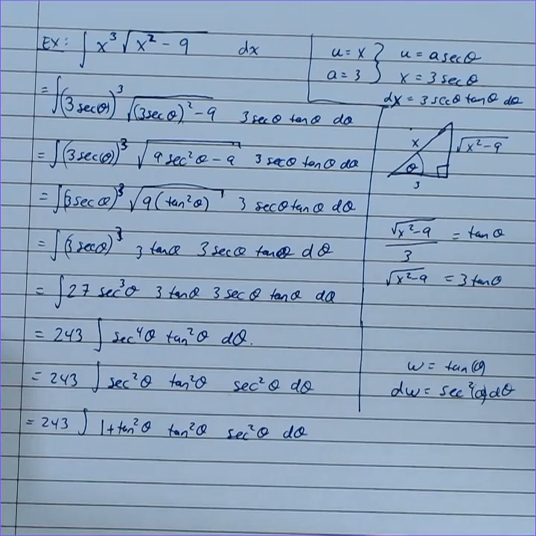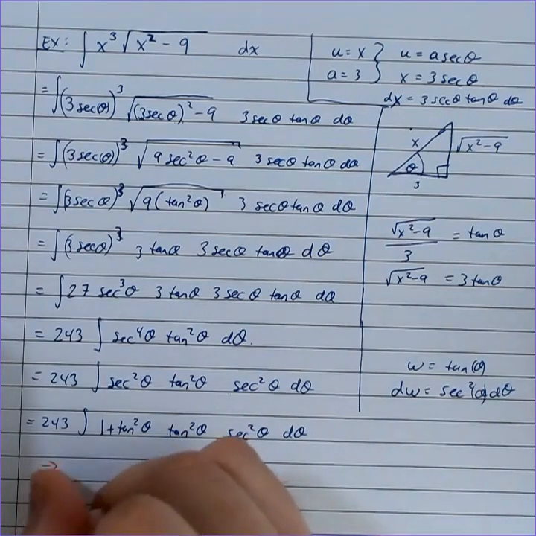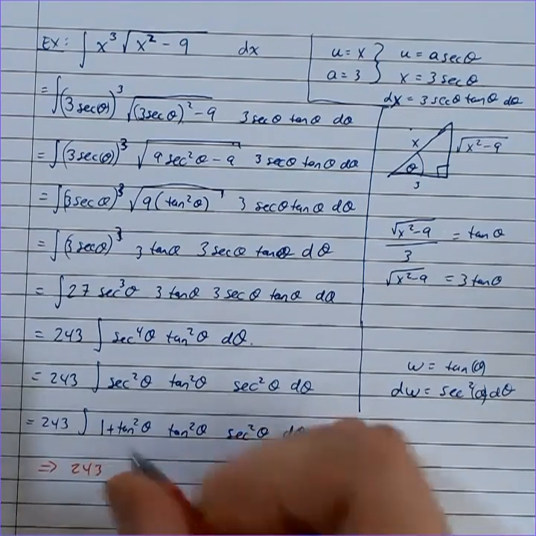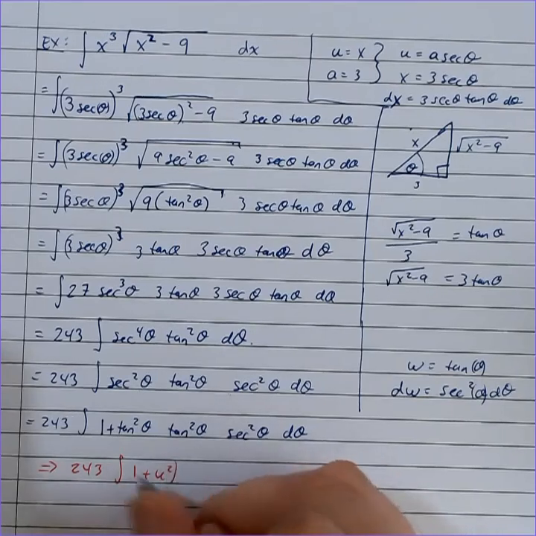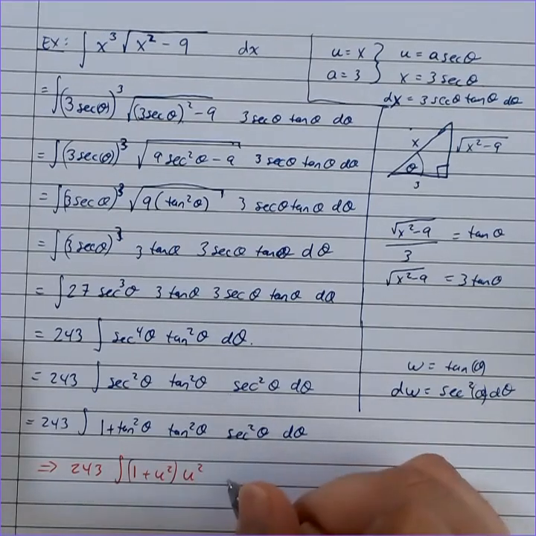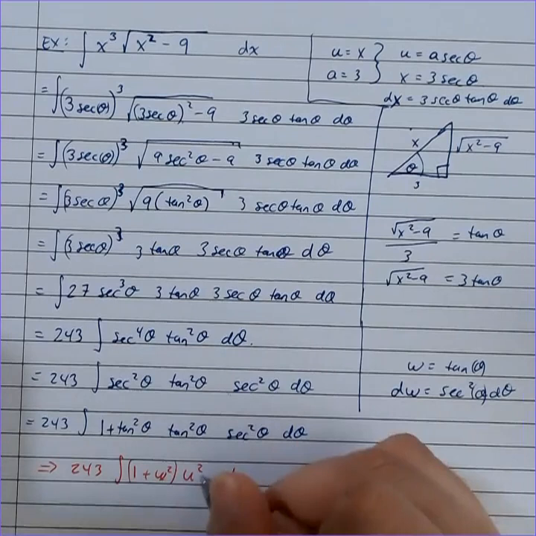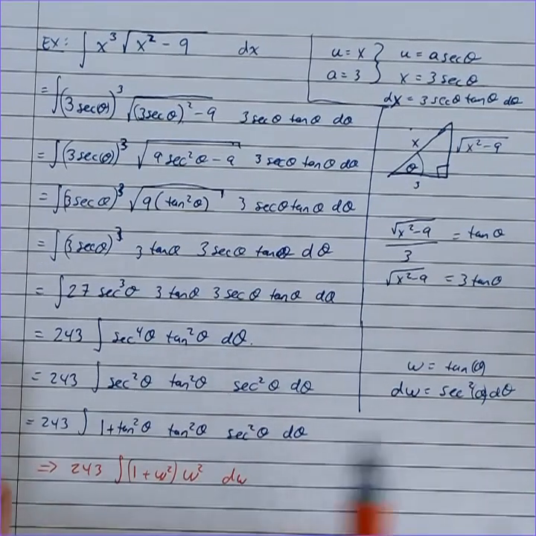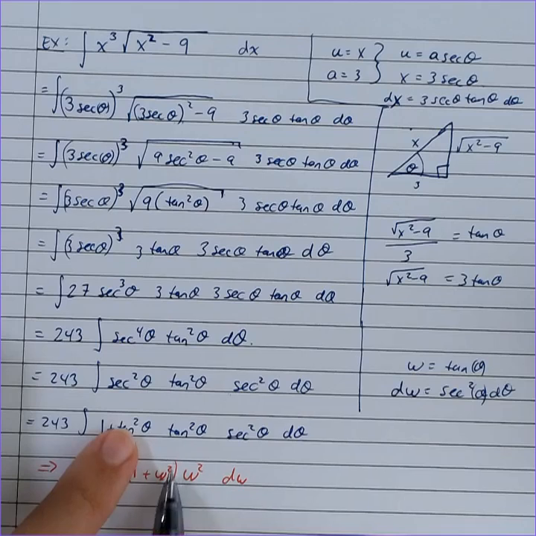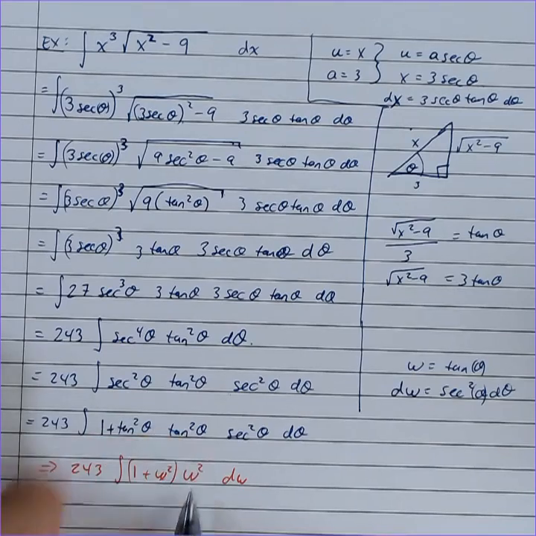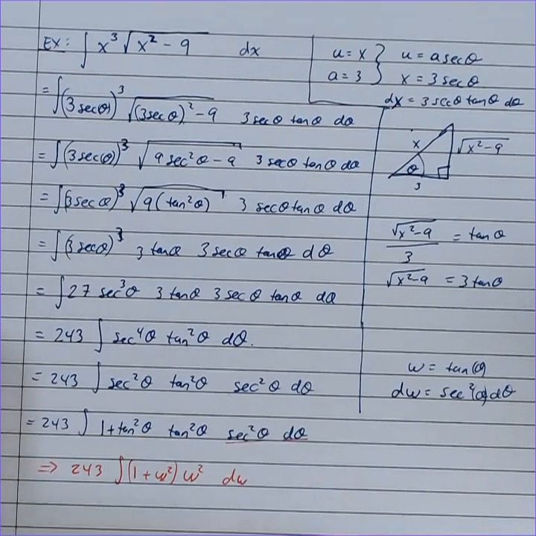Here we can write this as 243 times the integral of 1 plus w squared times w squared dw. So 243, 1 plus w squared, that quantity, times w squared again, and then this expression is just our differential. That's our dw.